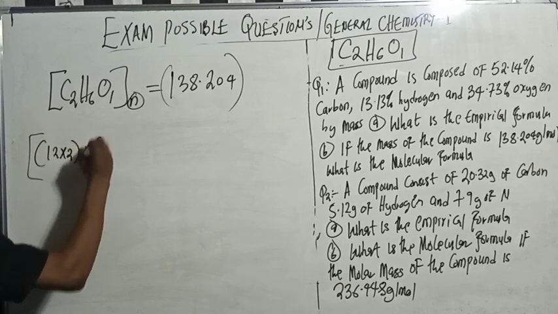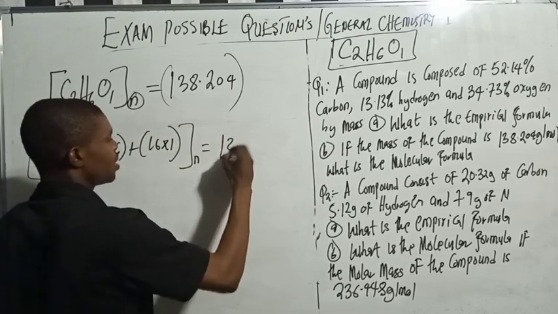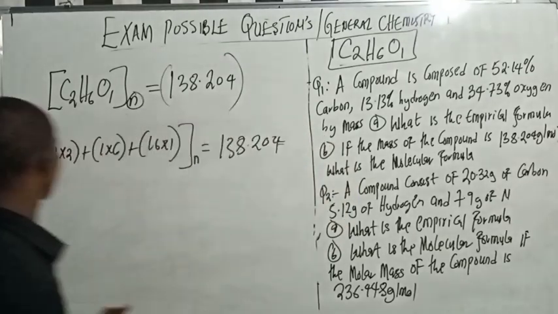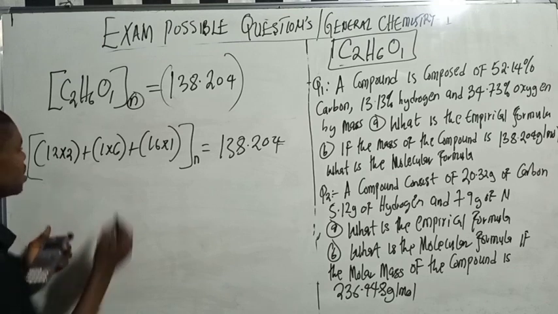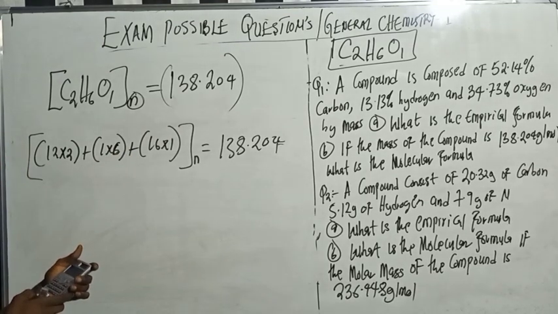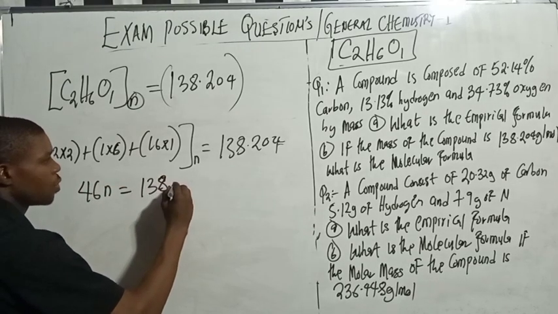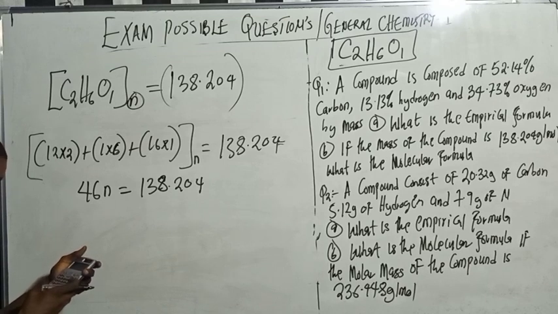The molar mass of the empirical formula is 12 times 2 plus 1 times 6 plus 16 times 1, which gives 46. So 46 times n equals 138.204.